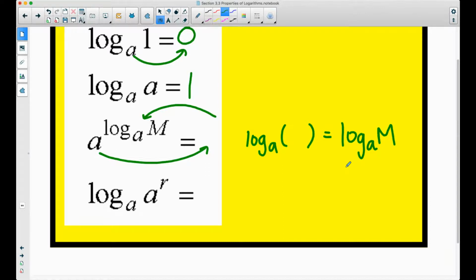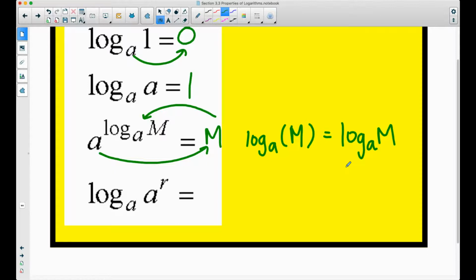So what does it equal? m. Okay. So we went from exponential form to logarithmic form.